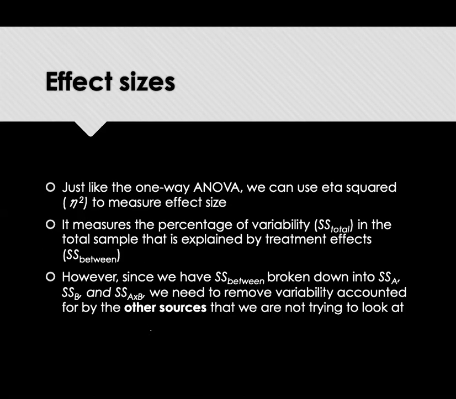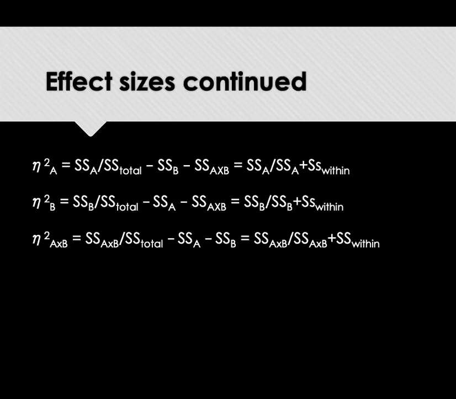So in other words, when we measure the effect size of the main effect of A, we can't just look at the sum of squares between. We can't look at all the treatment effects. We just want to know the treatment effects of A by itself. And so when we're computing eta, we need to take out sum of squares B and sum of squares for the interaction and just look at sum of squares A. So just keep that in mind from a conceptual standpoint when we go and look at these formulas, and that'll make a little bit more sense to you.